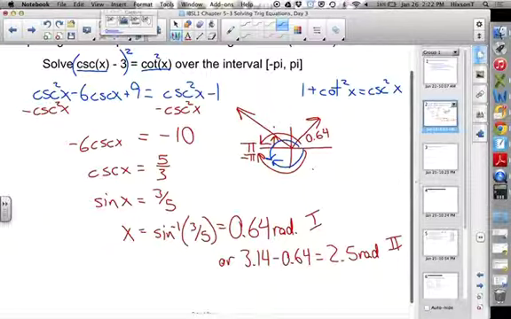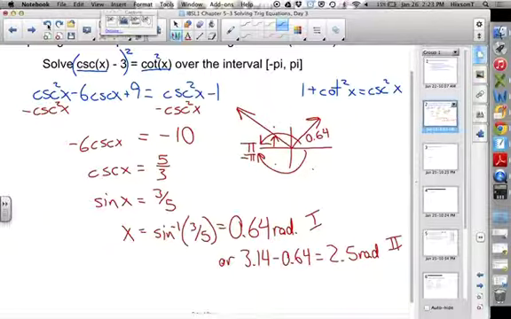This one, however, we don't even have to do that with. We take the inverse sine of 3/5 and we get 0.64 as our reference angle. That's our first quadrant angle. Then we recognize that sine is positive in the second quadrant as well.